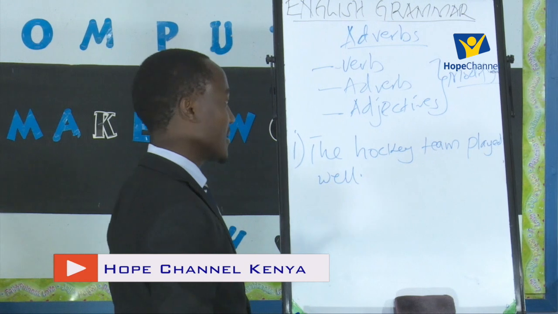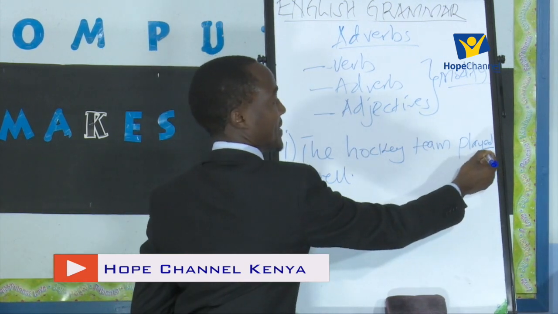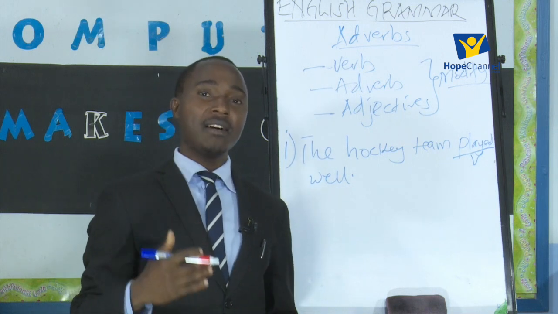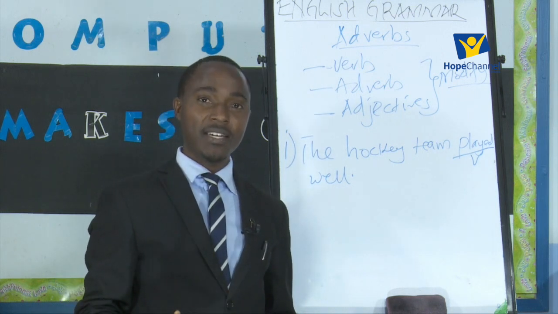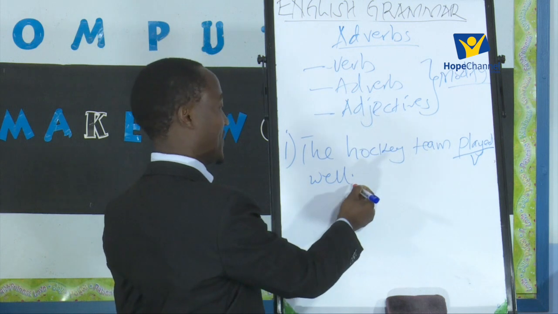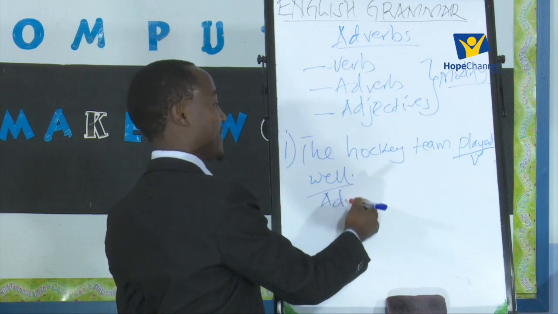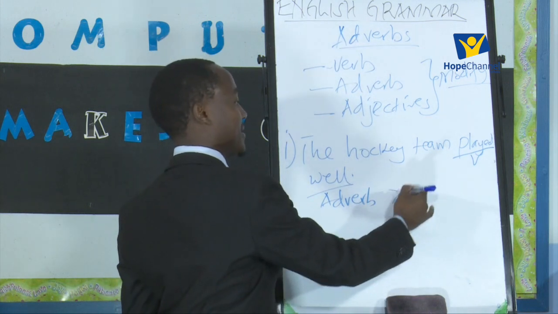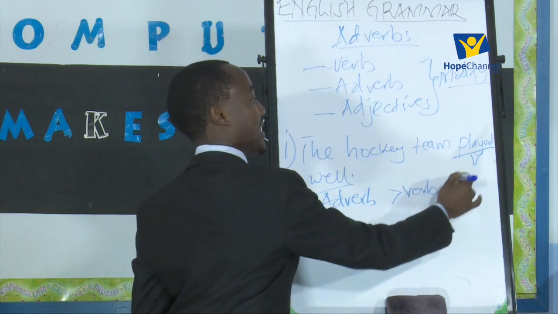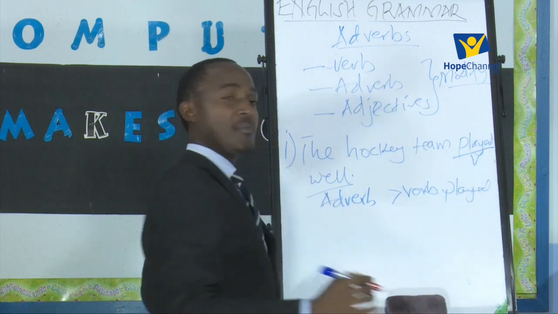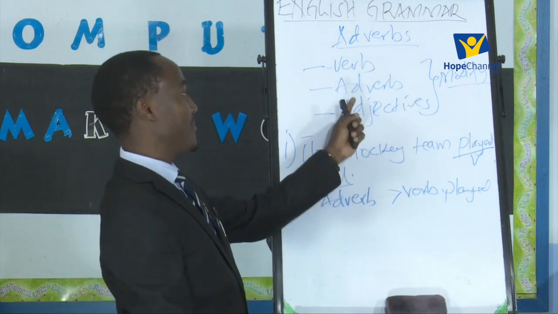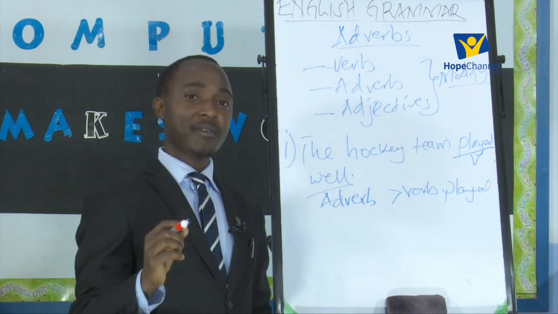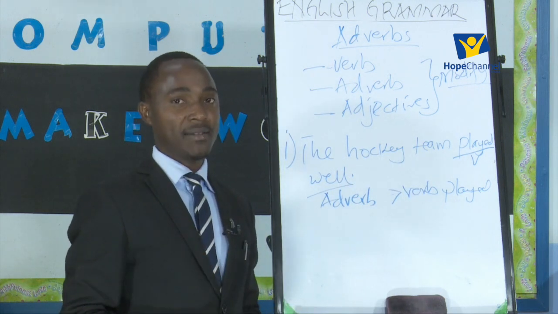In this sentence, we have the verb played. Now, how did the hockey team play? The hockey team played well. So well is our adverb that modifies the verb played. So remember, we said it will modify a verb. We can say the word well modifies the verb played.